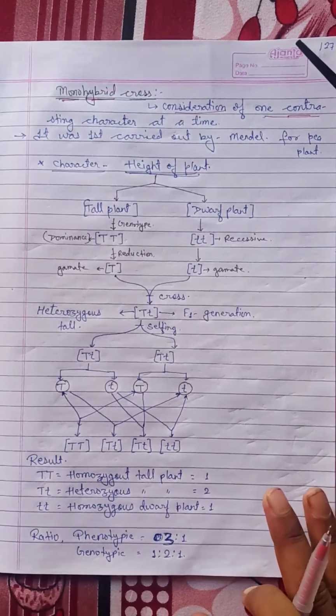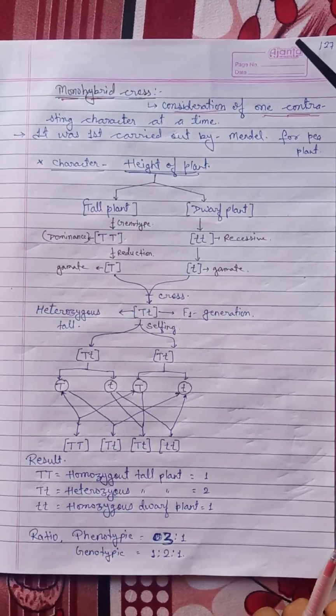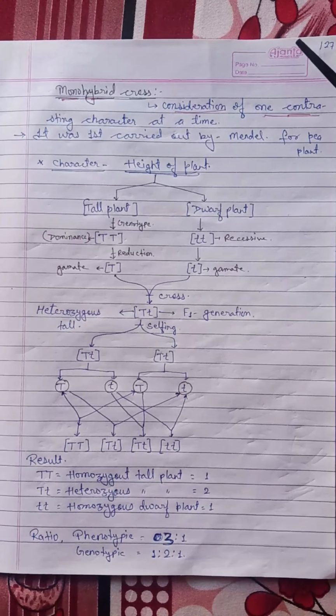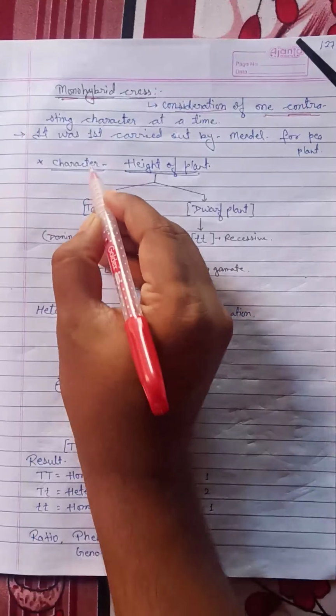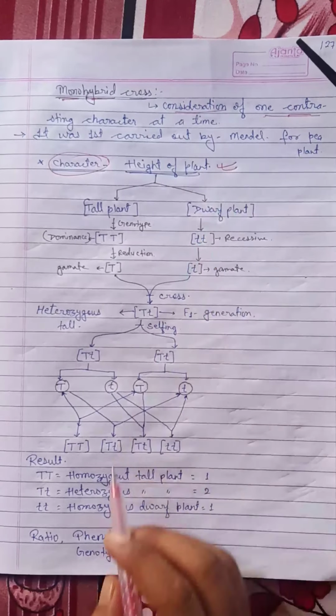These different kinds of contrasting are single characteristics, taken separately. So take a look at the characteristics of the monohybrid cross, and how we define it as monohybrid. As I told you earlier, we should take a single character.